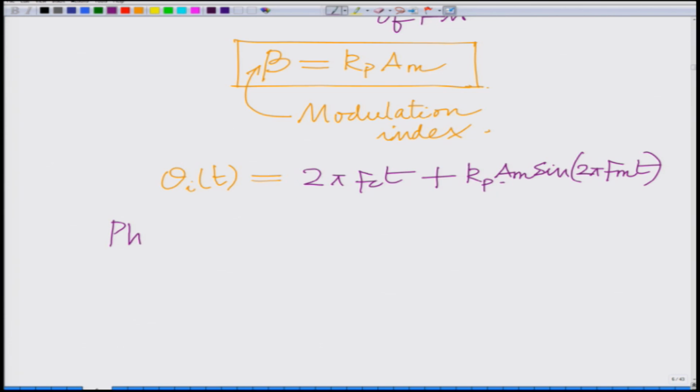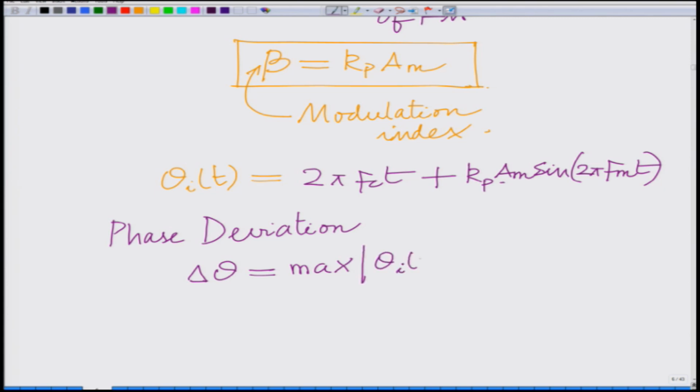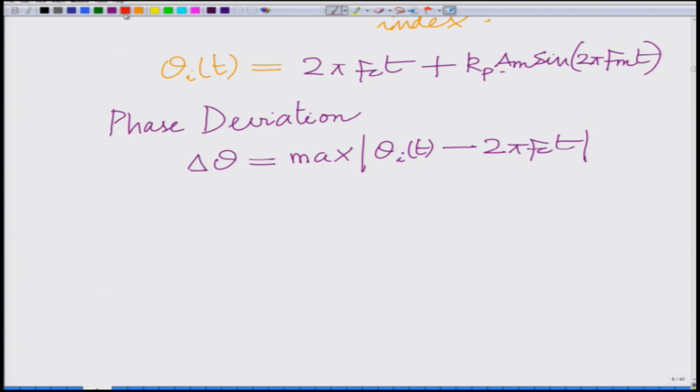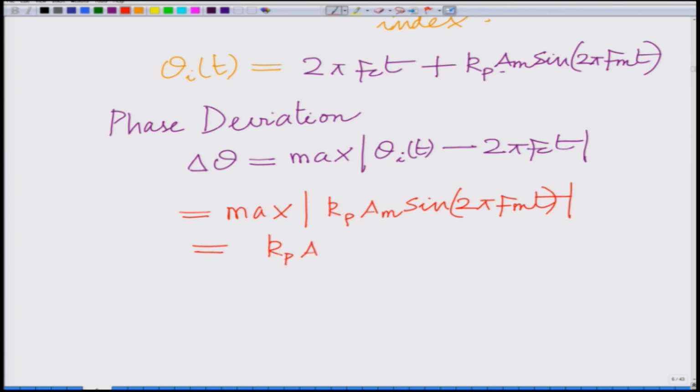Now, phase deviation delta theta equals maximum magnitude of theta i(t) minus 2 pi f c t, which is equal to the maximum of k p a m sin 2 pi f m t, which is equal to k p a m.